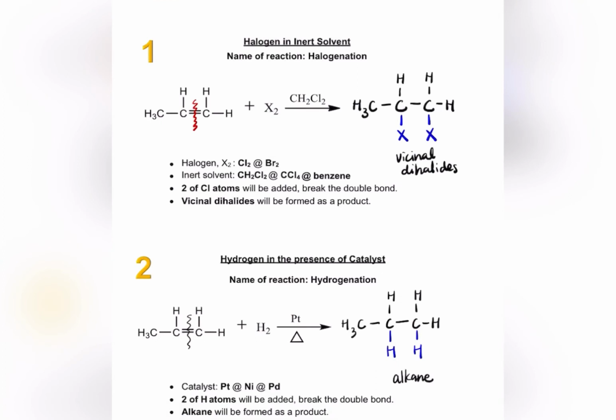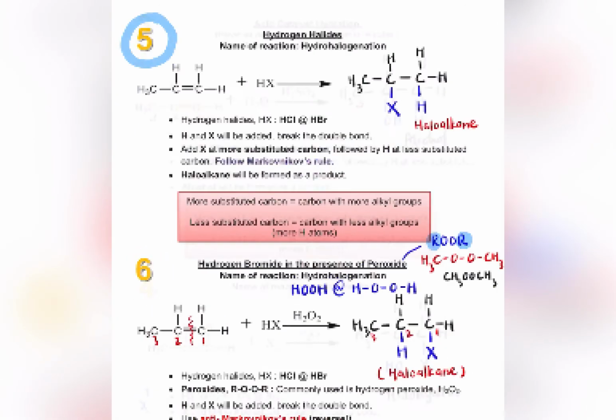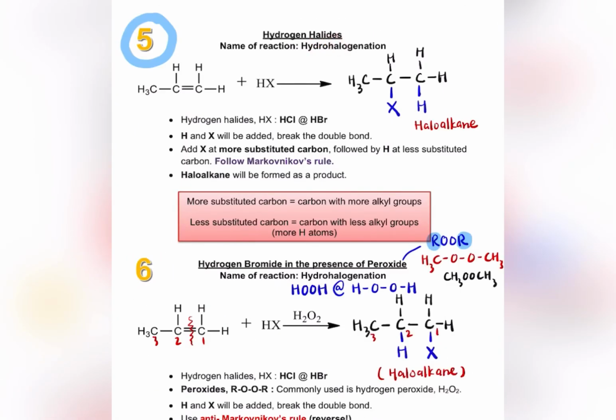So I hope you are clear with the reactions of alkenes, where you've learned 6 of them: halogen in inert solvent, hydrogen in the presence of catalyst, acid catalyst hydration, halogen in water, hydrogen halides, and the last one, hydrogen bromide in the presence of peroxide. If it asks you to use bromide, you can use HBr. If it asks you to use hydrogen chloride, you can use HCl.